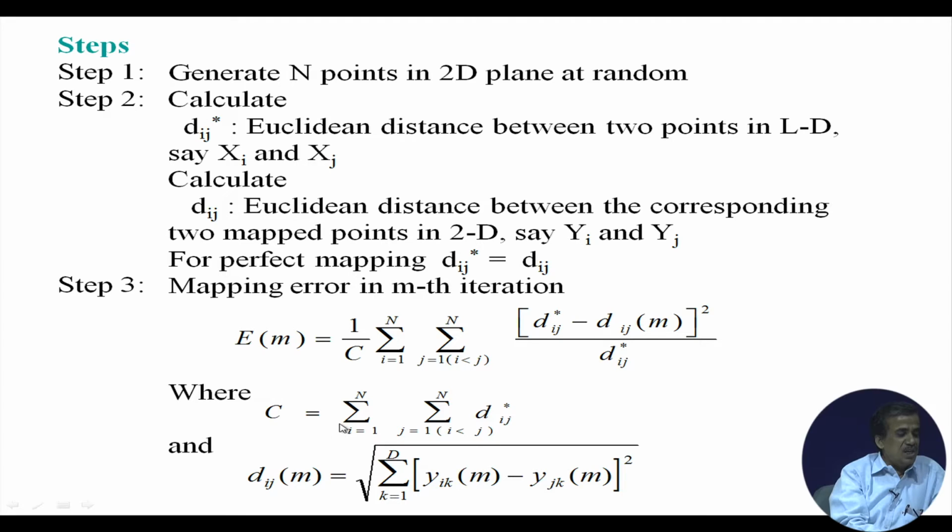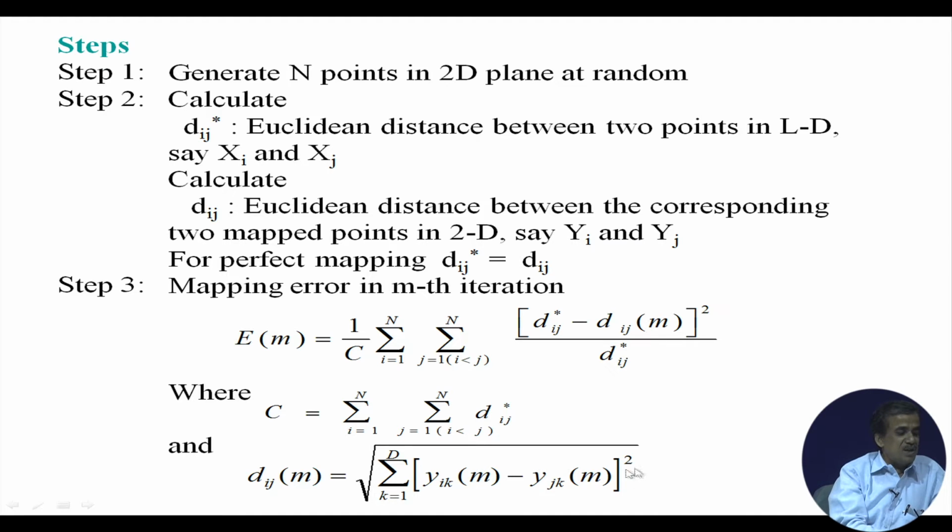Okay. The principal diagonal, that is why C is equal to summation i equals 1 to n, summation j equals 1 to n, i less than j, d_ij star. Now, this d_ij^m is nothing but the square root of summation k equals 1 to d, (y_ik^m minus y_jk^m) squared.